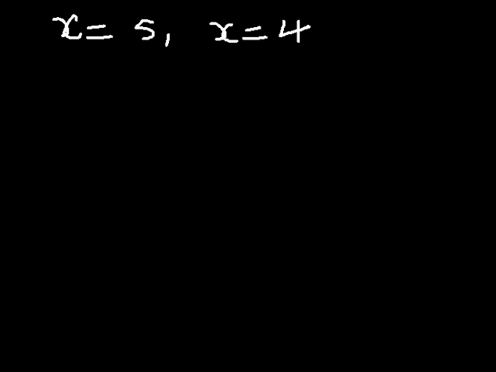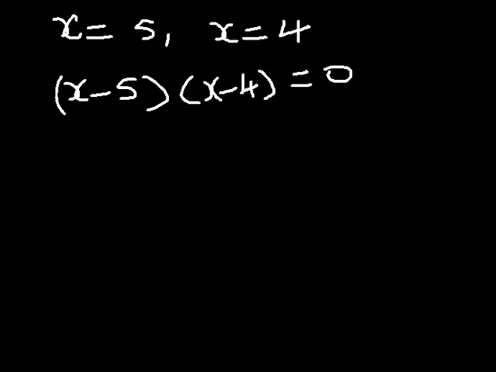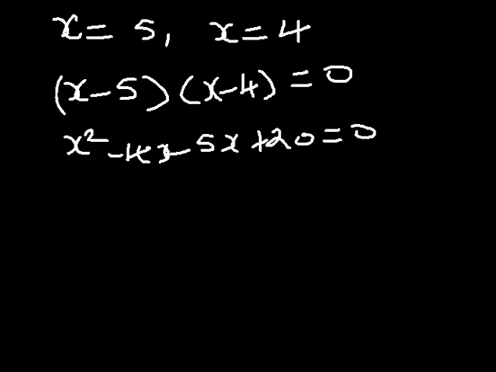So first, we should use the principle of forming the quadratic equation given the roots, of which we have x minus 5 times x minus 4 equal to 0, and that gives x squared minus 4x minus 5x plus 20 equal to 0.